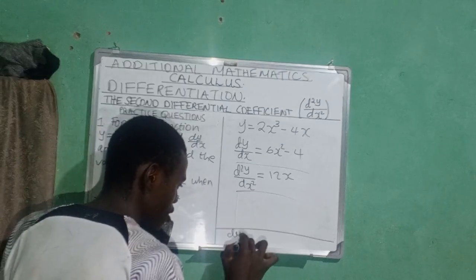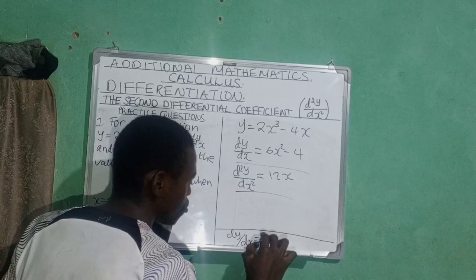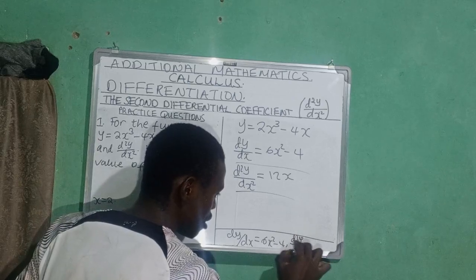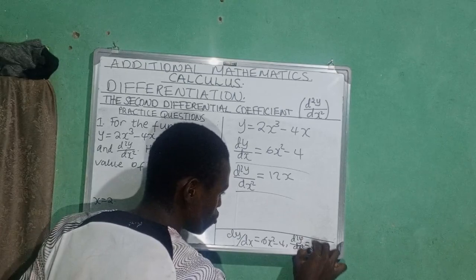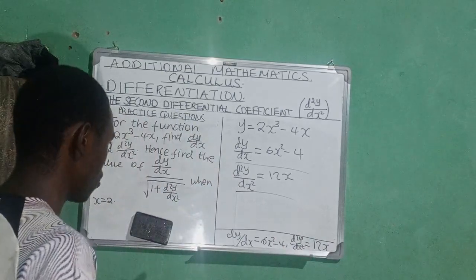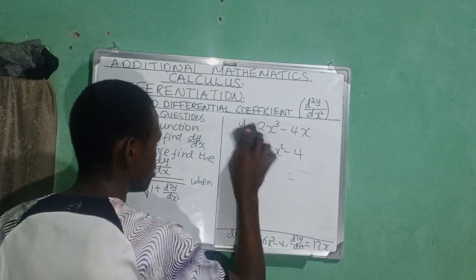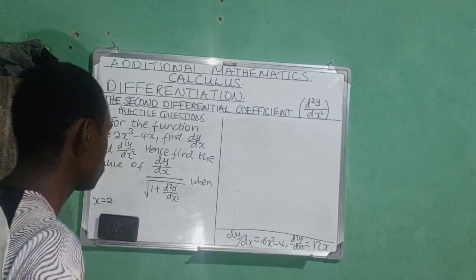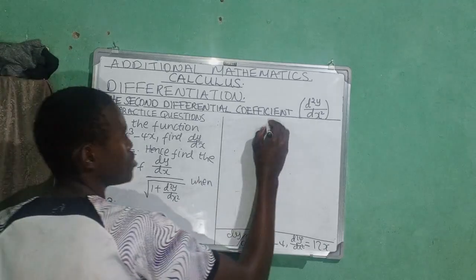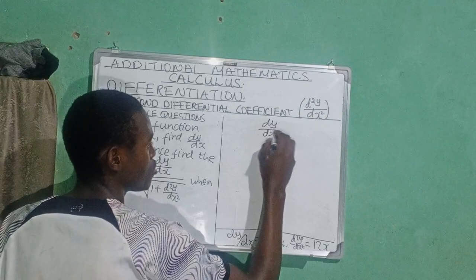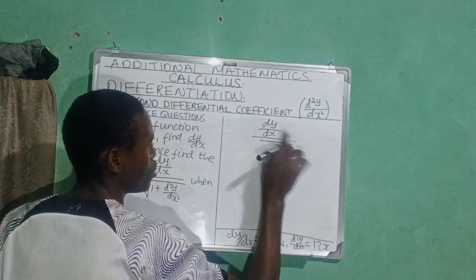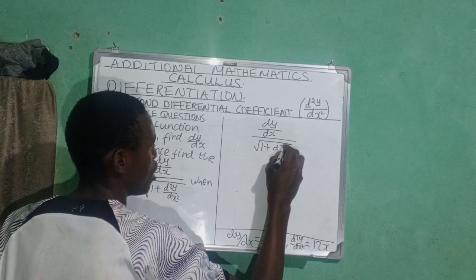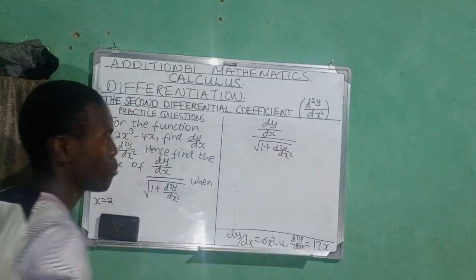We'll say our dy/dx is equal to 6x squared minus 4, and then our d2y/dx2 is equal to 12x. Okay? So after writing those particulars, which are the dy/dx and the d2y/dx2, we now find the value of dy/dx divided by the square root of 1 plus the d2y/dx2.